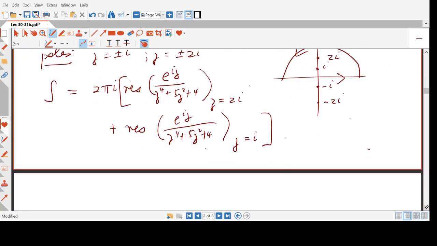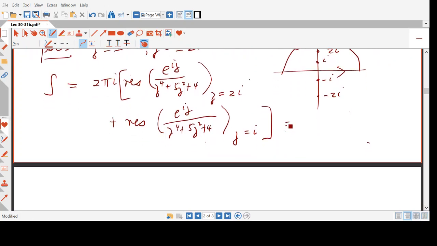Right, so there's no principal value, therefore it's 2 pi i. So to compute this, that's 2 pi i.